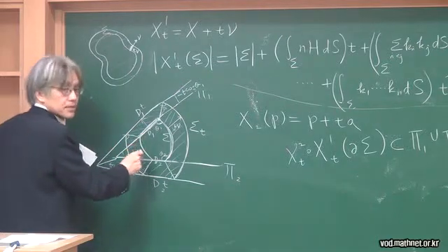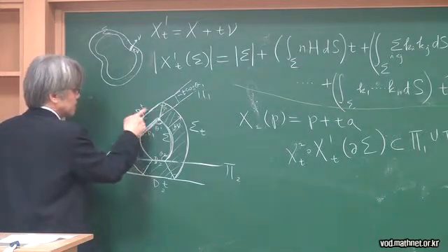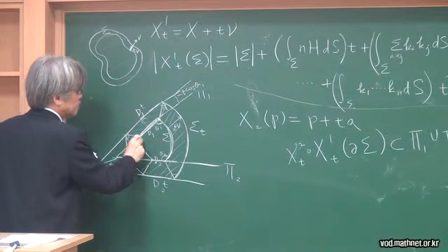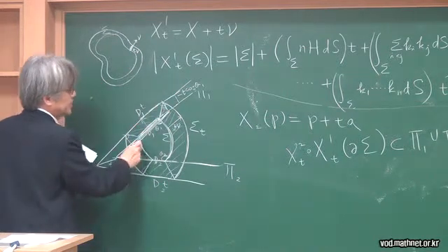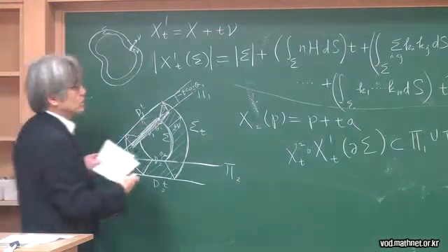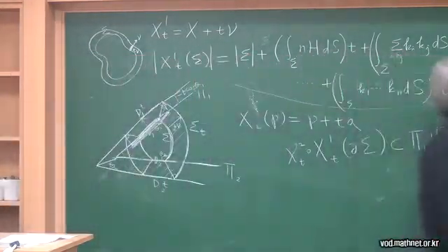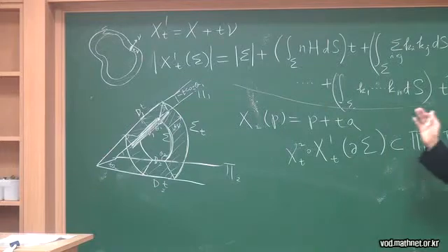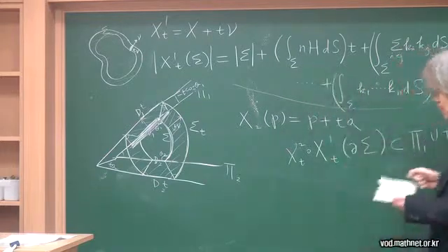Okay? But if you project this onto pi, then you have this area, so interior area. So the tube formula for this interior area has to be obtained by integrating this tube formula.